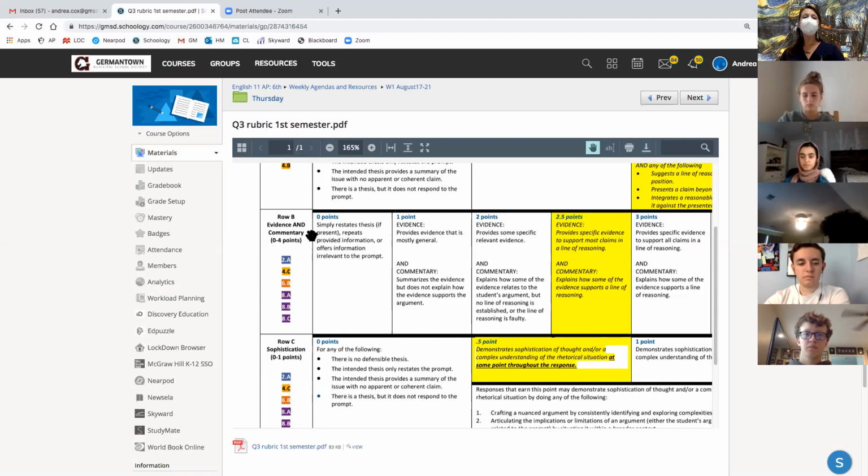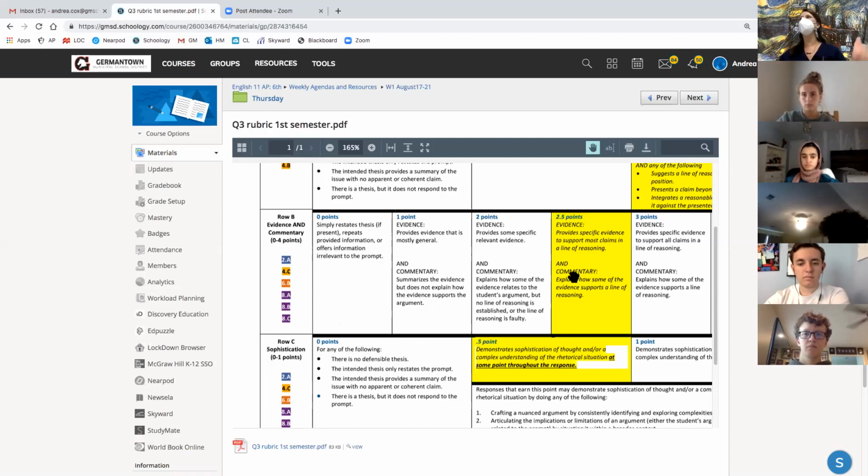But evidence and commentary, evidence supports your claim. It's the same thing as a proof, okay? And commentary supports your evidence. It's the same thing as analysis. So the thing about CPAR, we are pulling away from it in that I call it something different, and also that it's a more relaxed structure this year.